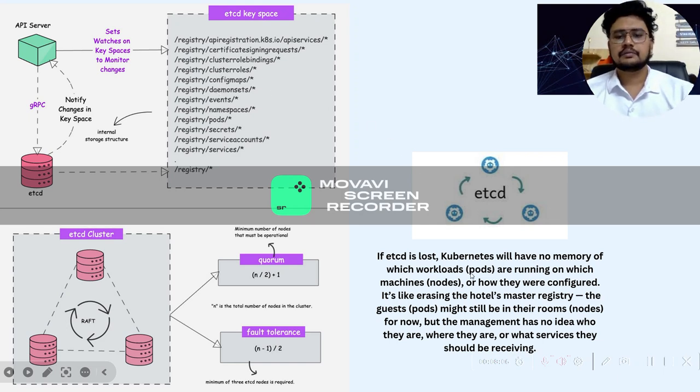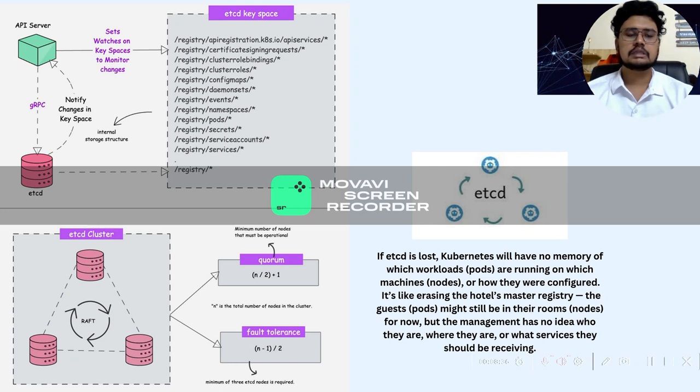And secrets under registry secrets. So if etcd is lost, Kubernetes will no longer know which workload pods are running on which machine nodes or how they are configured. It's like erasing the hotel master registry. The guest pods might still be in their room nodes for now, but the management has no idea who they are, where they are, or what services they should be receiving.